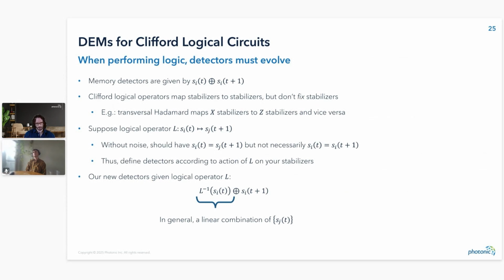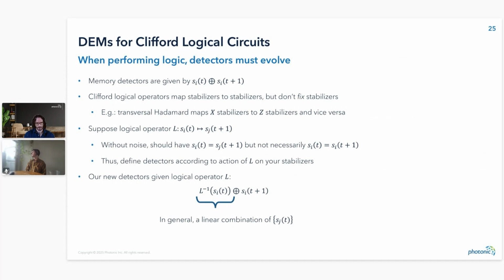But this no longer works when you start performing logic. So why is that? Well, Clifford logical operators, when you look at what they do to stabilizers, they don't actually fix stabilizers. They fix the stabilizers as a set, but they don't map individual stabilizers to the same individual stabilizers necessarily.